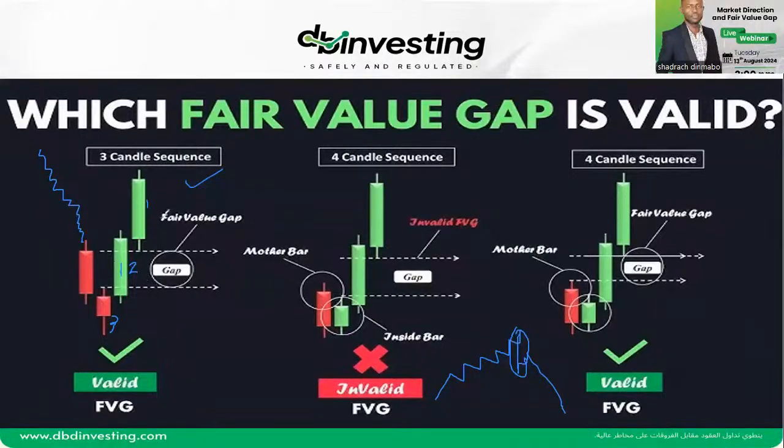This other candle did not breach this gap. By that, I mean this one did not extend to this particular point. Look at this one here. When we get to the chart, we'll look at it. So there's a gap that is created between this candle and this candle.